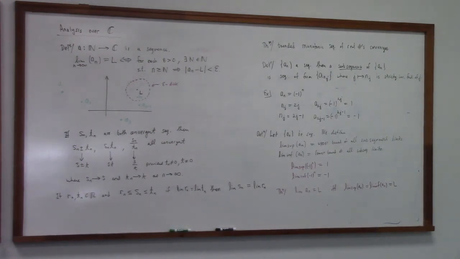Zn goes to z if and only if xn goes to x and yn goes to y, as n goes to infinity, of course.